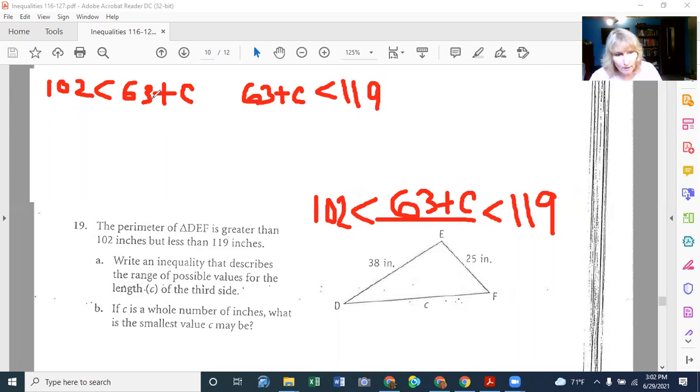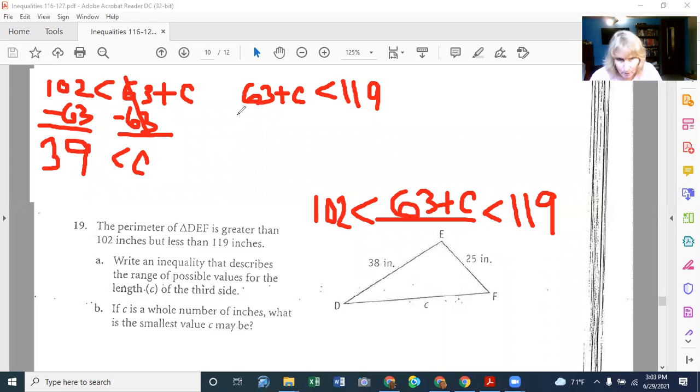I see that I've got a 63 added, so I'm going to subtract 63 from both sides. Those cross off. I'm left with C is greater than 102 minus 63. 10 becomes a 9, 12, 11, 10, 9. 9 from 6 is 3, 39.